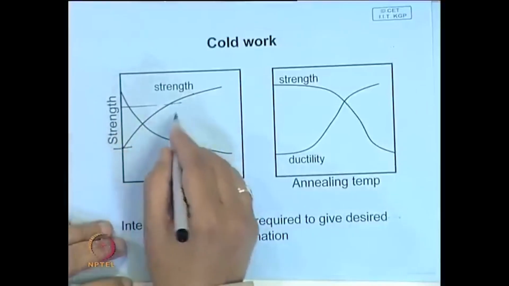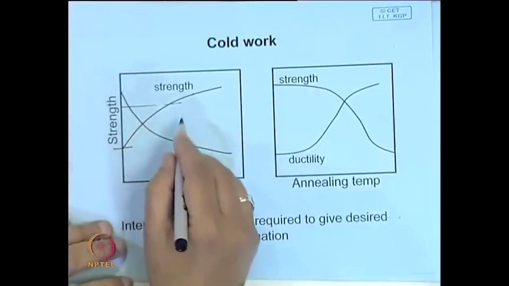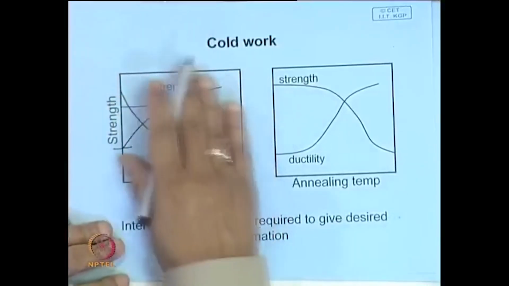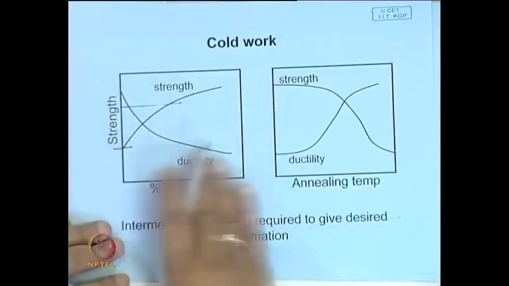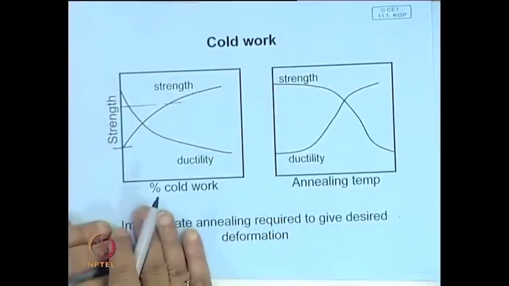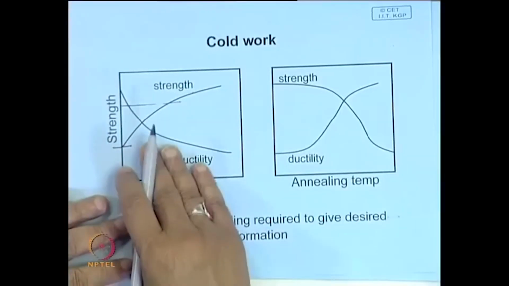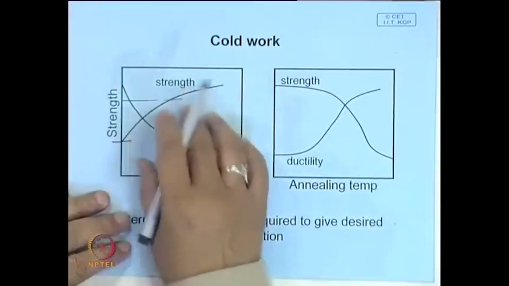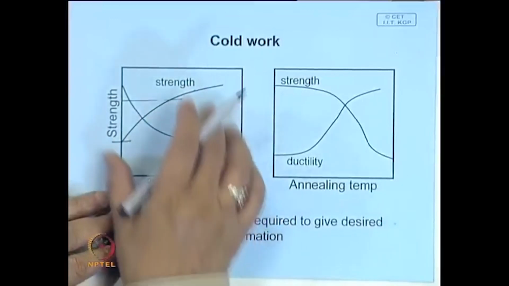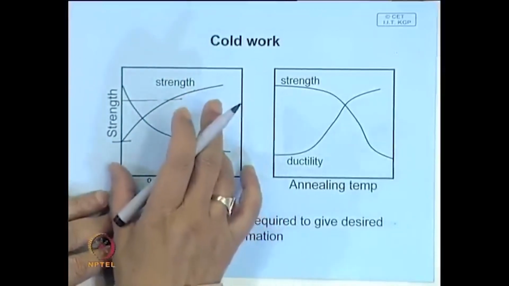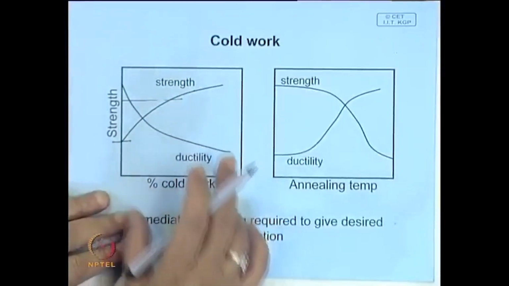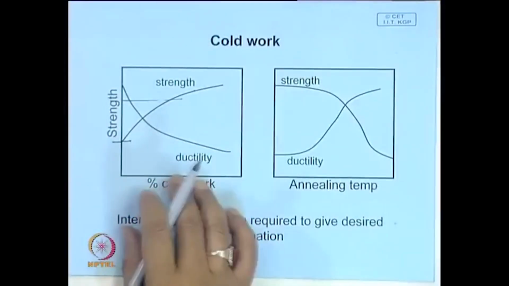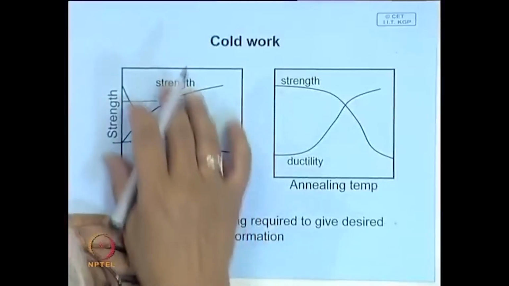Then some kind of heat treatment is given to it, we will talk about it later. So, you may do the first cold work at room temperature, but intermittently you have to give some heat treatment to bring down its strength, so that you are able to give the desired amount of deformation to get the final thickness or final dimension.